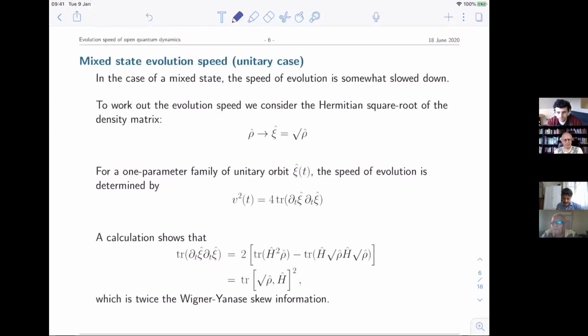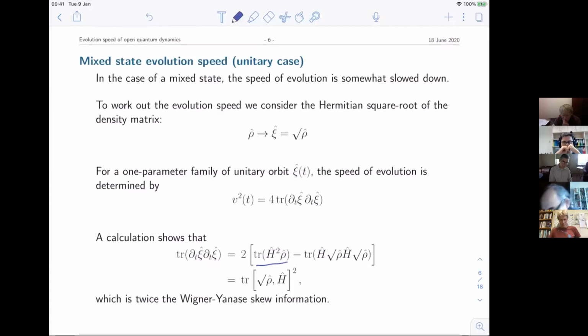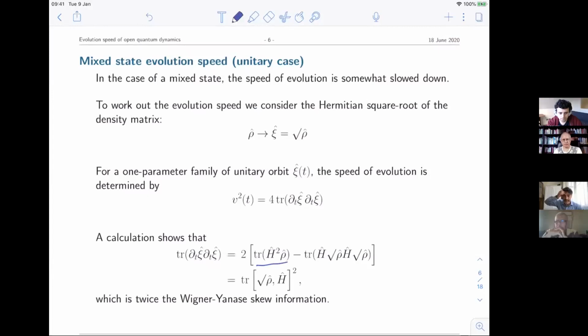And one finds that the speed turns out to be given by the trace of rho times h squared average, minus the trace of h times square root of rho times h times square root of rho. Now this odd-looking expression, in fact, coincides with the energy variance if rho were a pure state.